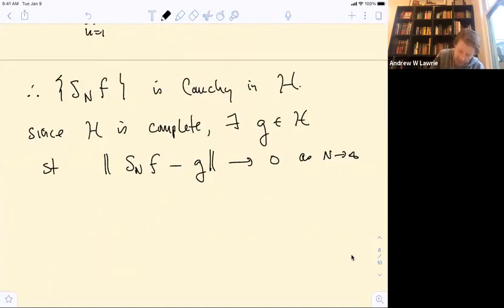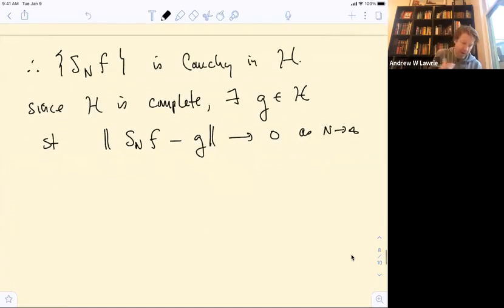Now the game is to show that, note also we haven't used our assumption yet, we haven't used the hypothesis yet. So we're going to use hypothesis 2 to show that G has to actually be equal to f. Okay, so fix j.